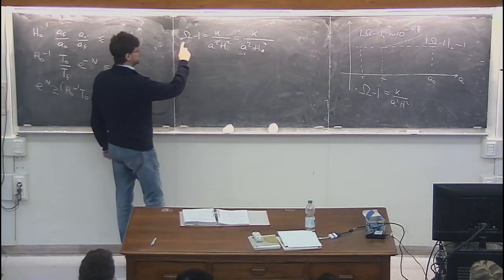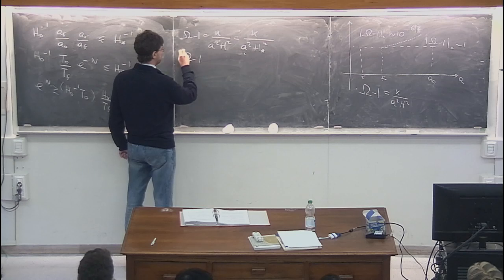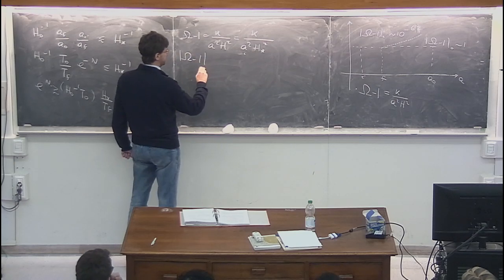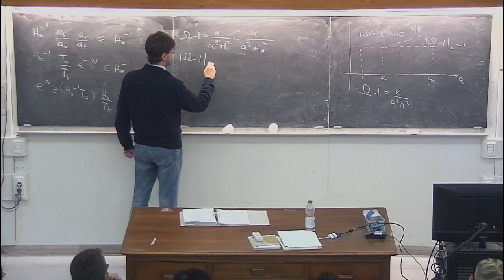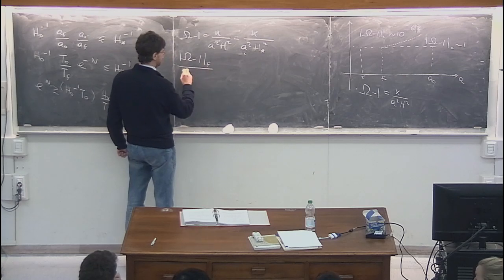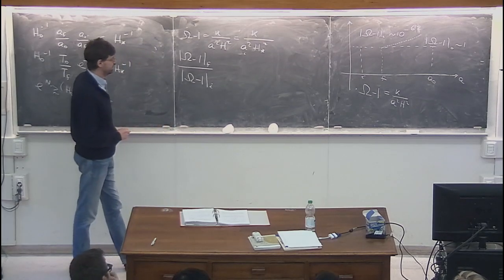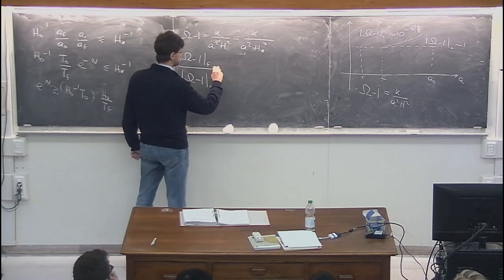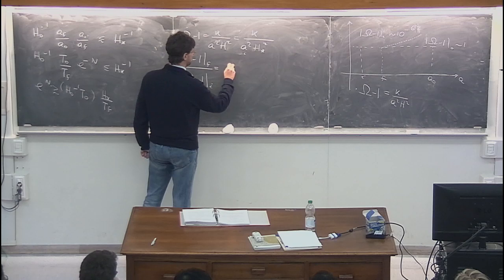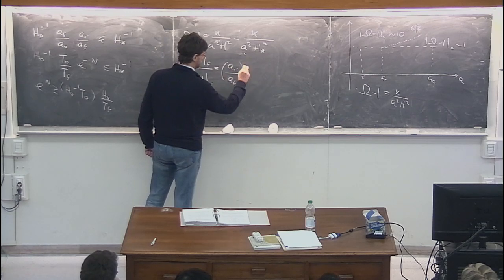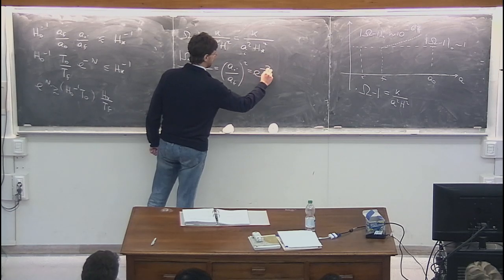And therefore, from this relation, I know that Omega minus 1, let's put an absolute value just to be sure, the final value divided by the one that it has at the beginning of inflation, is simply equal to a_i squared divided by a_f squared. So this is e to the minus 2N.